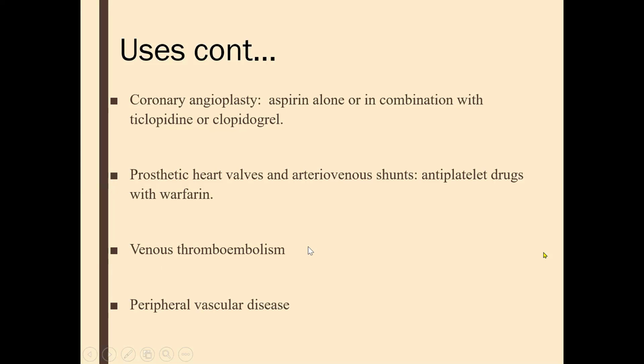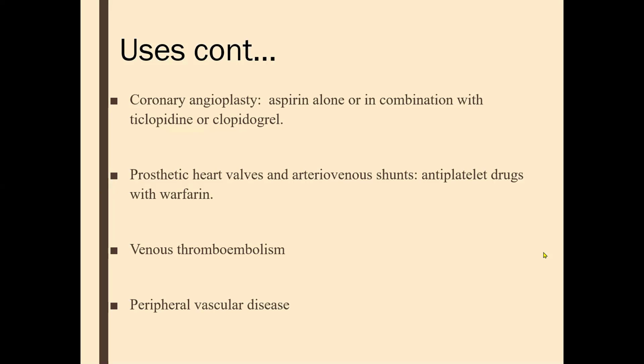And then venous thromboembolism. These are the secondary uses, of course, for antiplatelet drugs. And lastly, any type of other peripheral vascular disease, like the intermittent claudication you discussed, right? This can be used. Okay, these are the overall uses of the antiplatelet drugs.